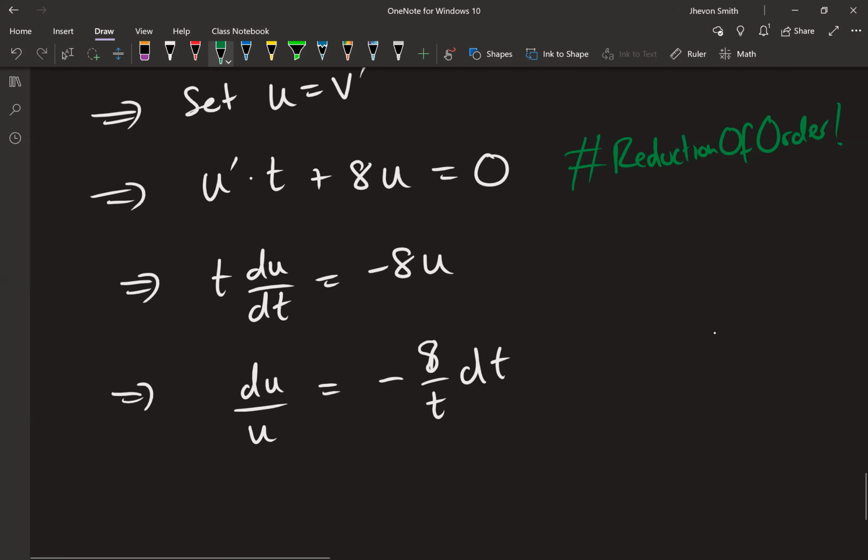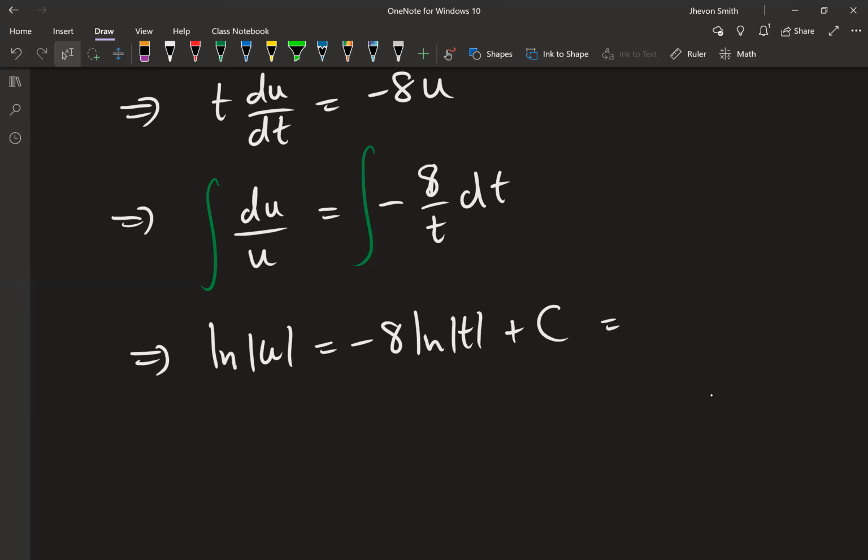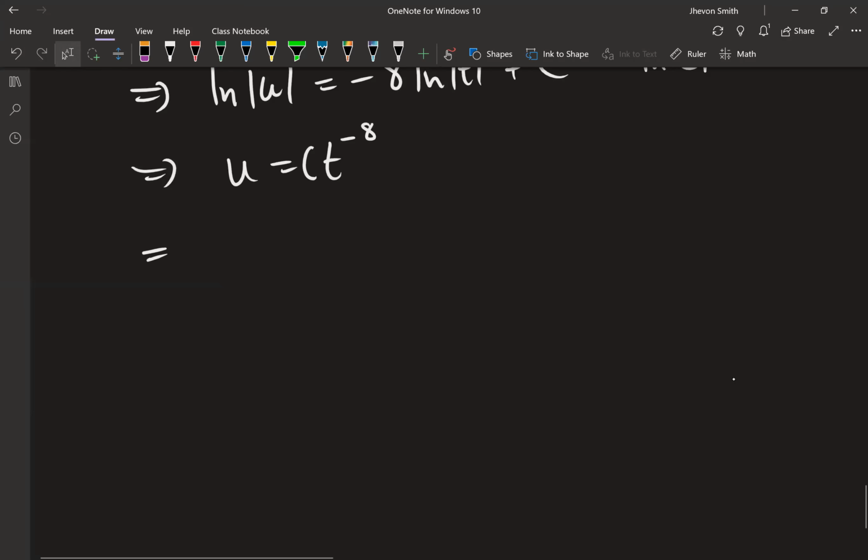At this point, I can integrate both sides. So this is going to give me ln of u equals minus 8 ln of t plus c, which I can write as ln of some constant times t to the minus 8. So this means that my u is equal to some constant times t to the minus 8. But my u is v prime.